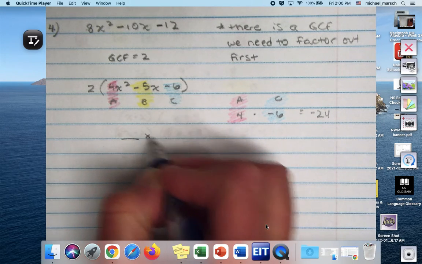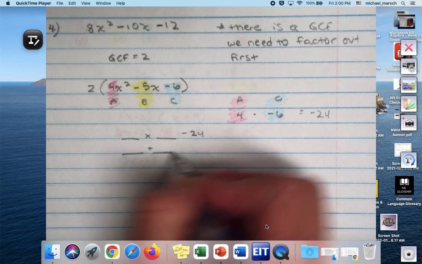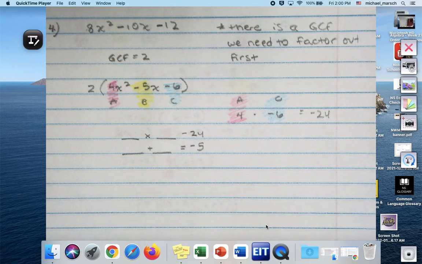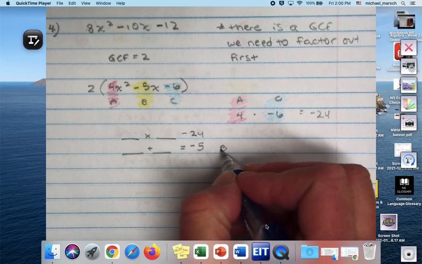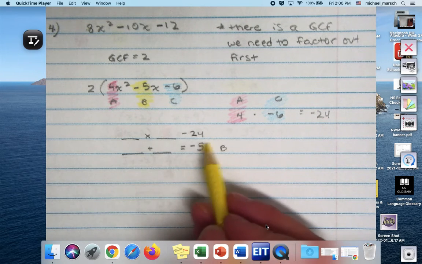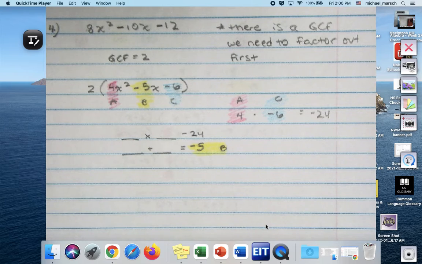So what times what equals negative 24? What plus what equals negative 5? Remember that negative 5, I got that from this B value. Logan, what is it? Yep.